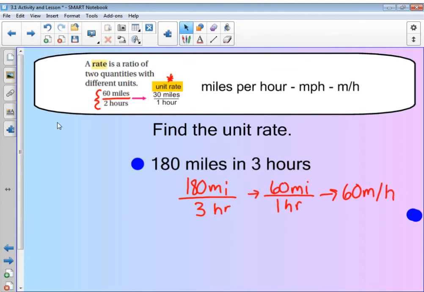And sometimes you will see that M/H as MPH for miles per hour. Sometimes, instead of the word "per," they just put the P.